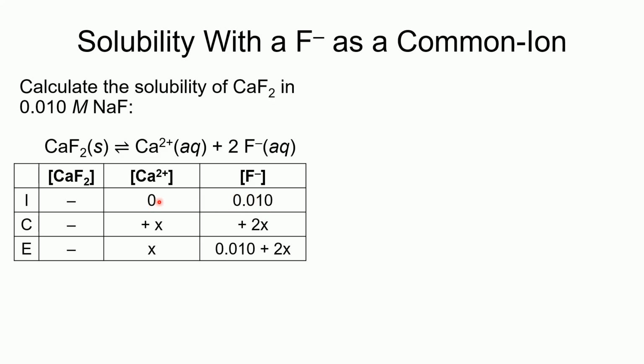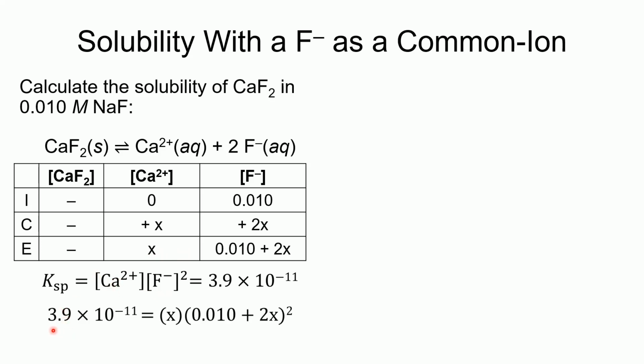So here we're going to have 0 plus x is x, 0.010 plus 2x, and then we will get 3.9 times 10 to the negative 11 is equal to x times (0.010 plus 2x) squared.